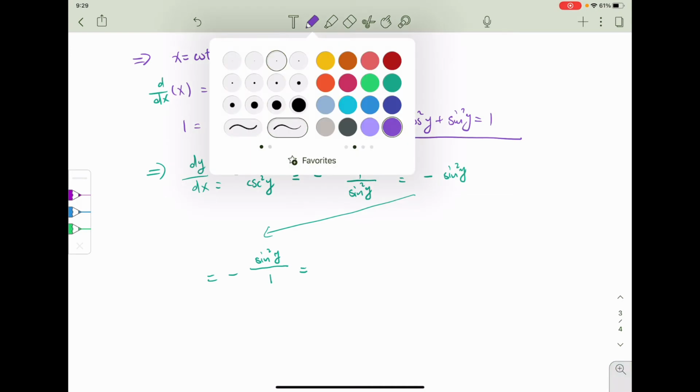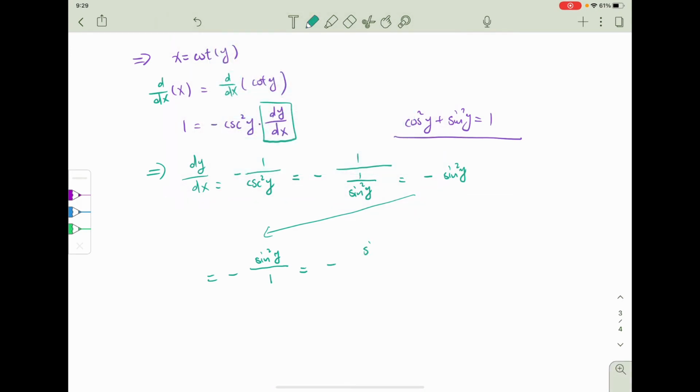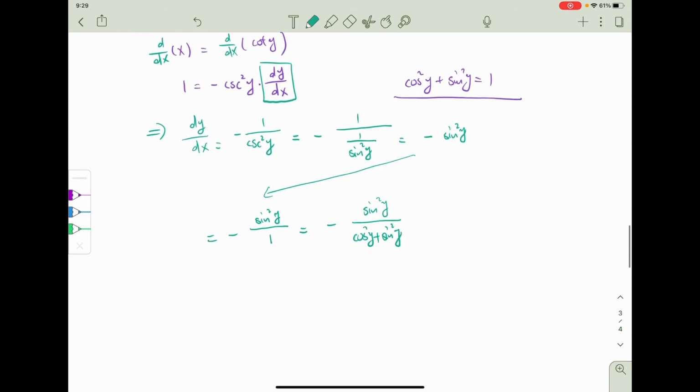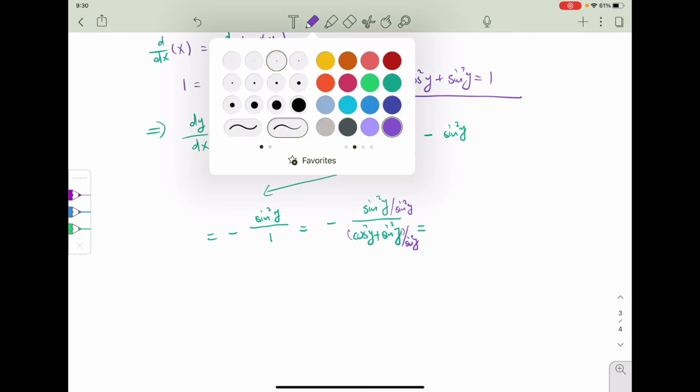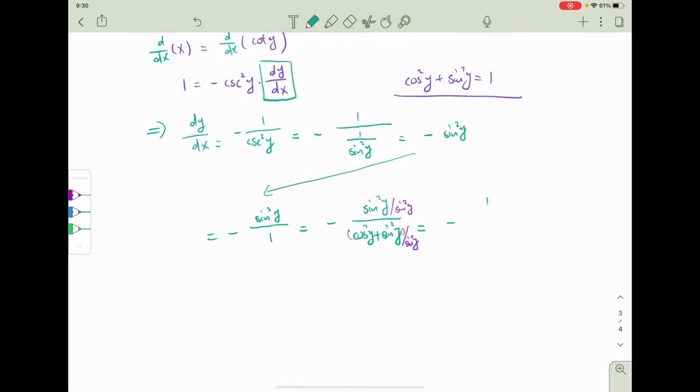We want to use it to replace this 1 with cos square y plus sine square y. After that, we divide the top and the bottom by sine square of y. So we have now negative 1 over cotangent square of y plus 1.